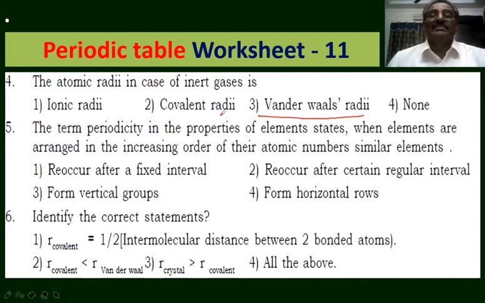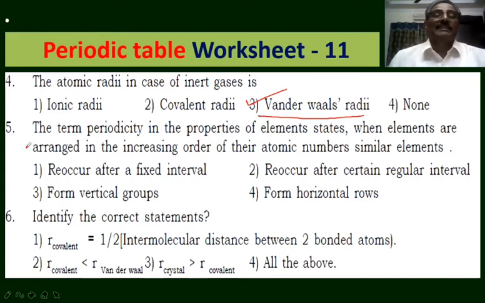Covalent radii are usually used for non-metals, and van der Waals radii are used for inert gases. The van der Waals radii are used for non-metals also, but the only van der Waals radii is used for inert gases. So third option is the right option.